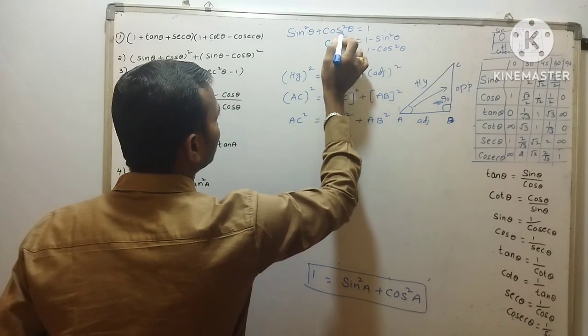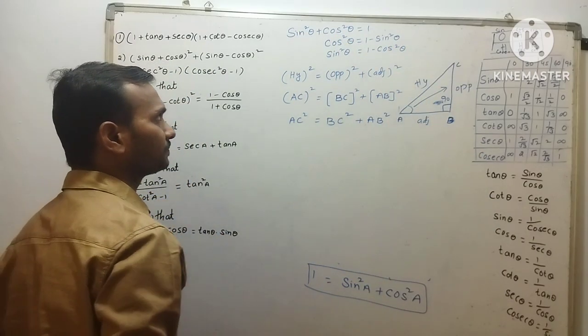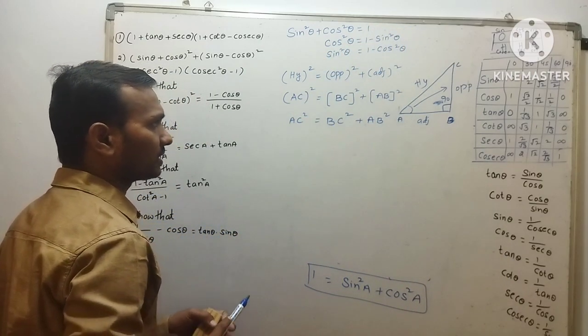Cos square theta means if you send sin square theta to the right side, 1 minus sin square theta. Sin square theta means if you send cos square theta to the right side, 1 minus cos square theta.